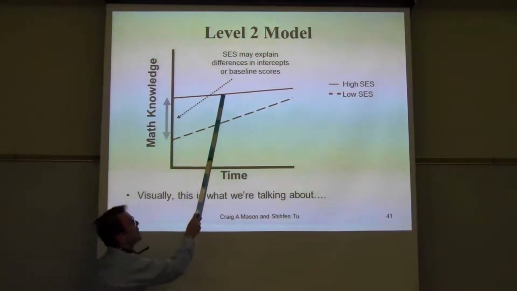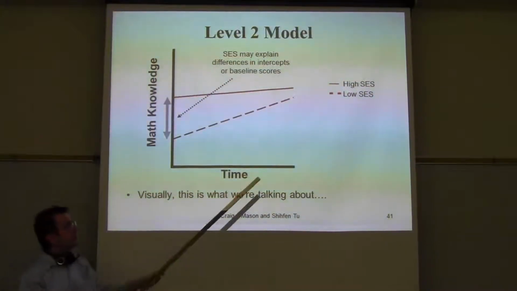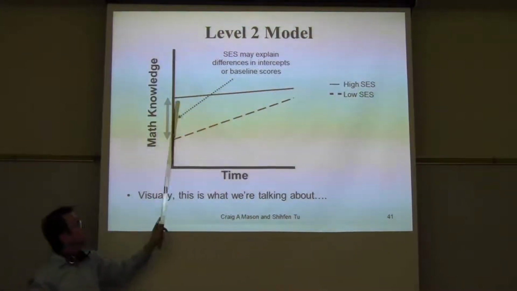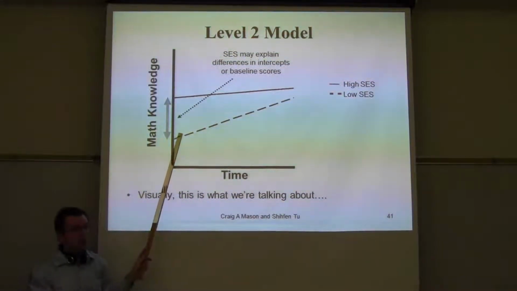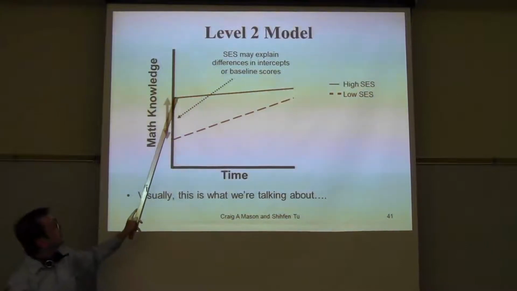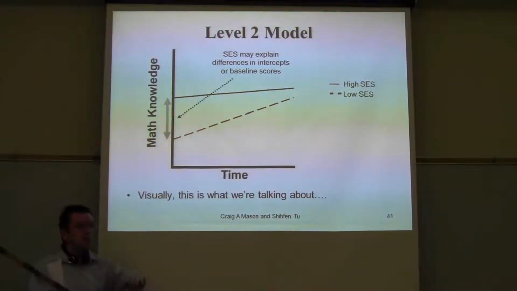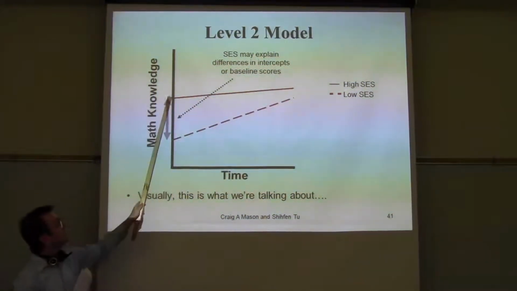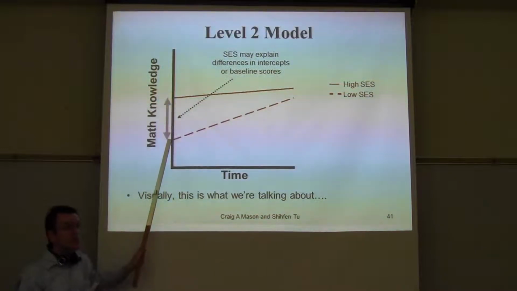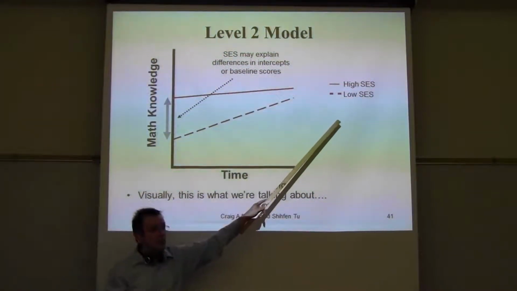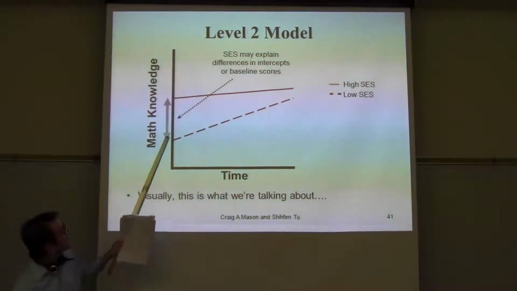Here's a growth model for a different student, maybe they're high SES. And does SES explain differences in their intercept? It's not specifically proposing one is higher than the other, but it's asking: are there differences in baseline given the child's SES?